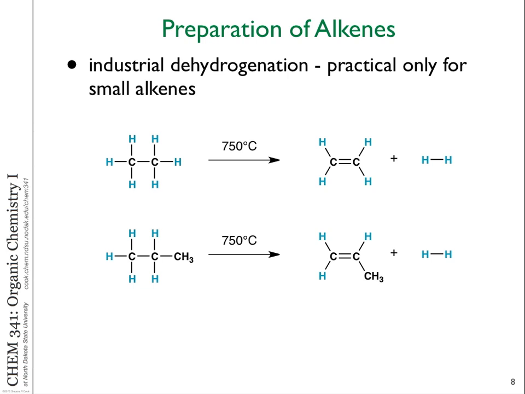But industrially, for making ethylene or propylene, this thermal formation from alkanes and petroleum products certainly is used. But when we have more complicated molecules, we need more precise and more controlled ways to form double bonds between the carbons we want. So we need functional groups there that we can then eliminate and control.